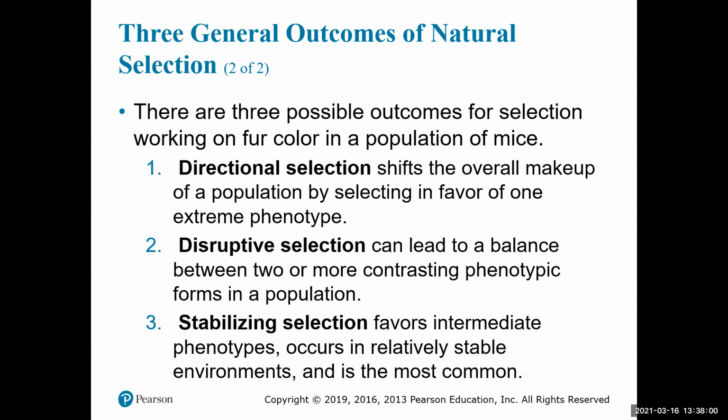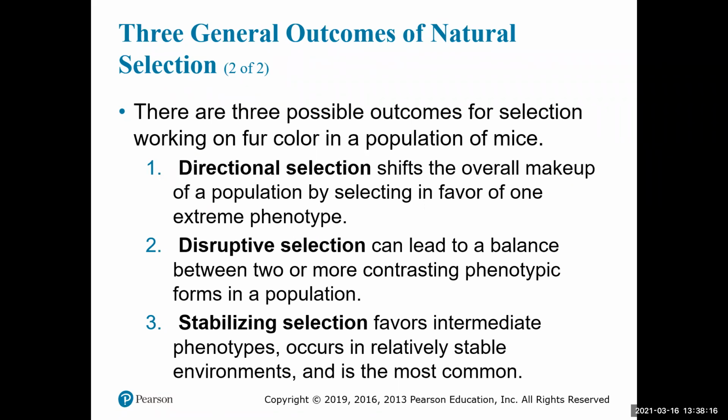And so there's three general outcomes that can happen. Basically, you can have directional selection, disruptive selection, and stabilizing selection. Directional selection is where you have a shift favoring one phenotype over the other.